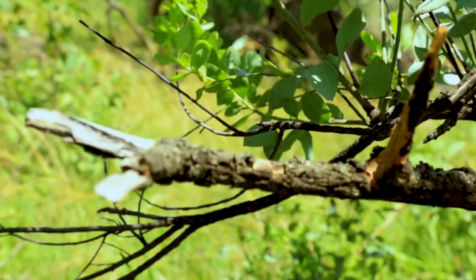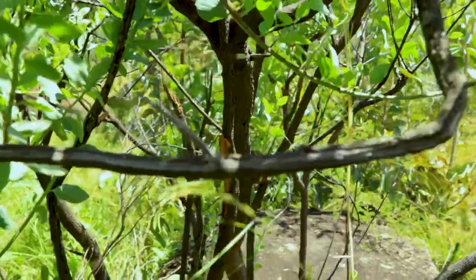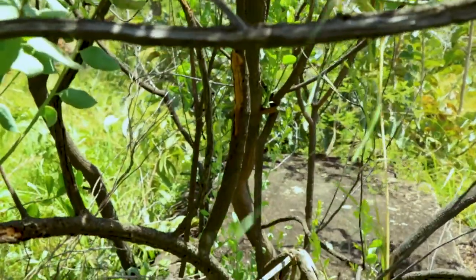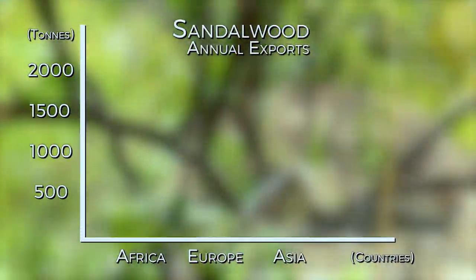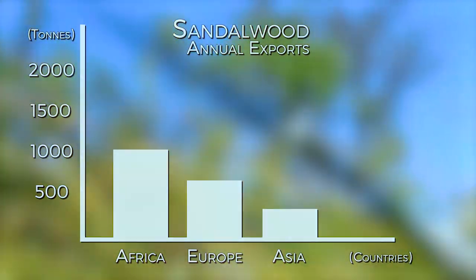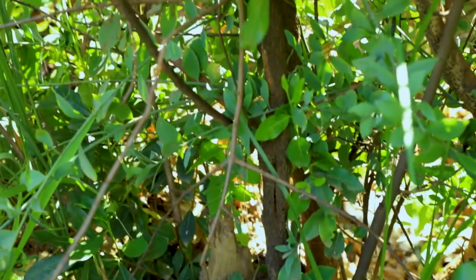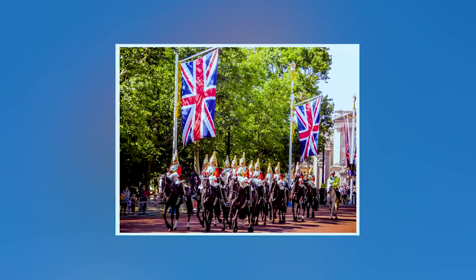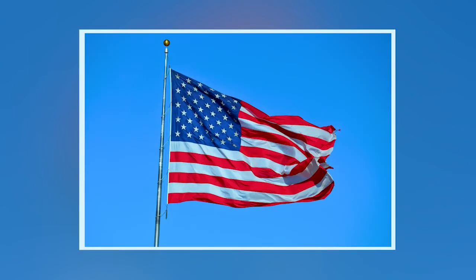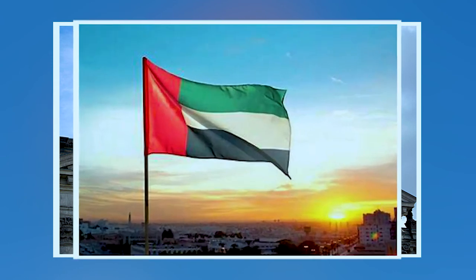Although no clear record exists on the trade of Osyris lanceolata, sandalwood, it is estimated that 1,000 tons are annually harvested from Africa, and most from East Africa. The destination countries of East African sandalwood and its products are mainly India, France, United Kingdom, United States of America, Germany, South Africa, United Arab Emirates, among others.